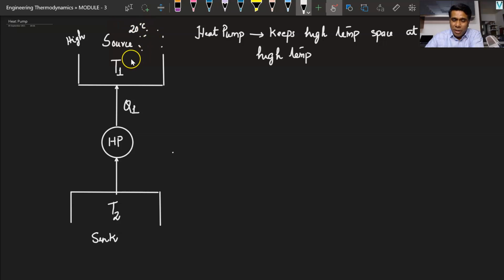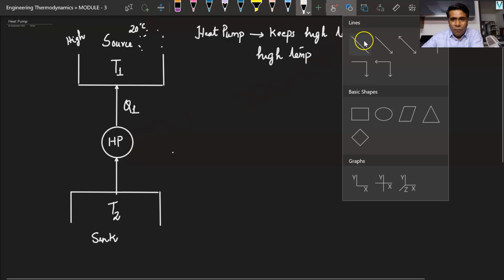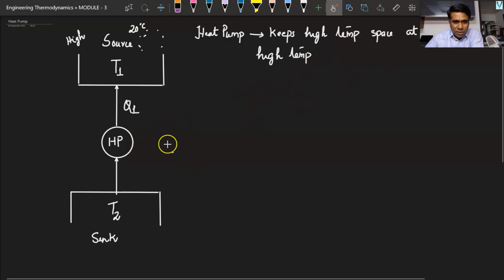Now, as per the Clausius statement of the second law, heat cannot transfer from a low temperature to a high temperature. If you want to extract heat from a low temperature space and make it travel to the high temperature area, then we need to supply work energy.